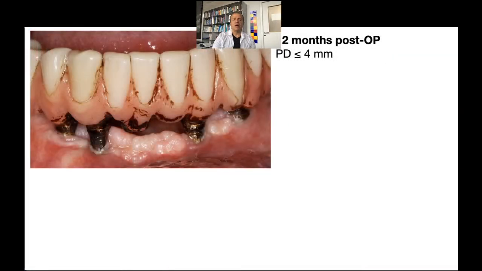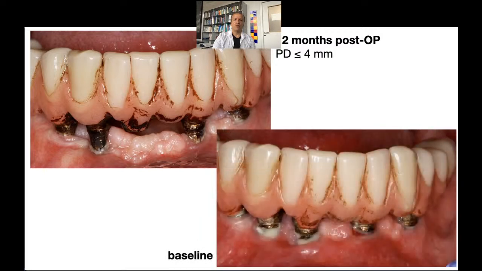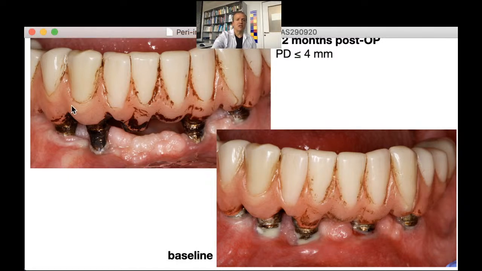And here I have the outcome of healing 12 months after treatment. So again, you can see shallow pockets in all the implants and low tendency for bleeding. Of course, we have some recession, but that is a wishful result in such a case. And here you can see that this patient is not the best brusher in the world.